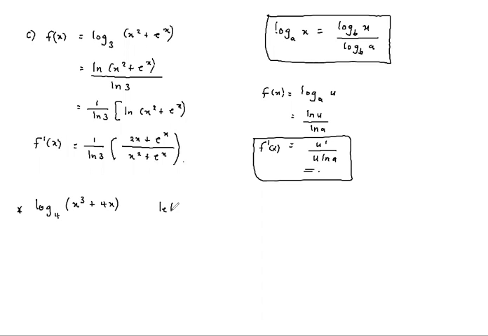Okay, so what do you say? Let u be x cubed plus 4x. What will be u prime? It will be 3x squared plus 4. So the derivative of this function is going to be u prime, which is 3x squared plus 4, over u, which is x cubed plus 4x, multiplied by ln a, and a is 4.